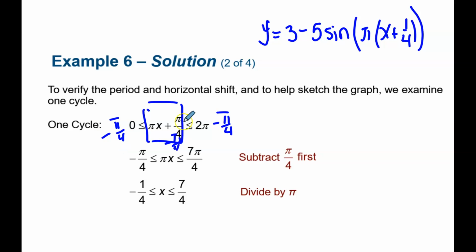In the middle, pi over 4 is cancelled, leaving pi times x. We have to do some math on the right: 2 pi is 8 pi over 4, so it will be 8 pi over 4 minus pi over 4, which is 7 pi over 4 on the right.